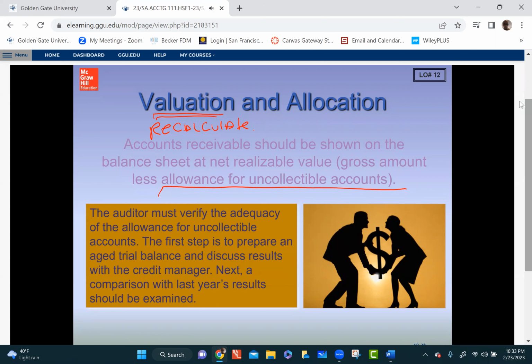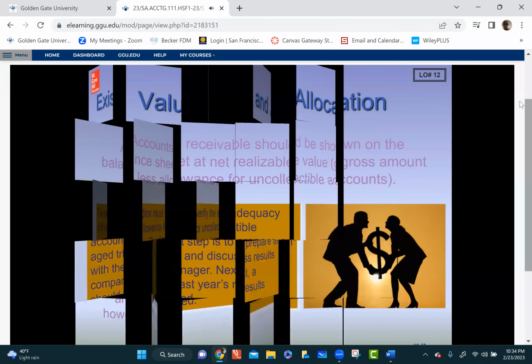But for valuation, the best thing is that aging, the best thing are those analytical procedures. And really doing confirmation of accounts receivable is the primary procedure for accounts receivable, and it is the existence assertion that it helps you with.